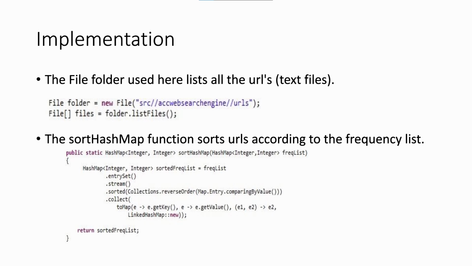Furthermore, we can see in line 134 that using the file folder, we are getting the list of all URLs which are provided in the text file format. And in line 158, we are initiating the object of the ternary tree TST integer which we had created earlier.